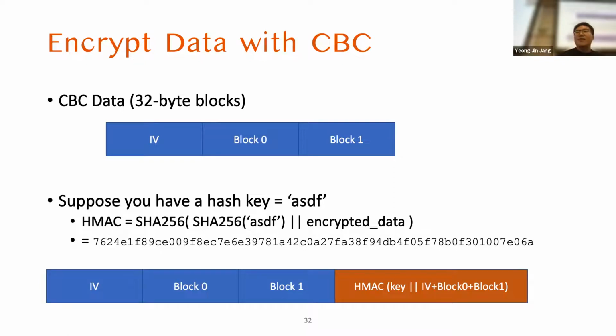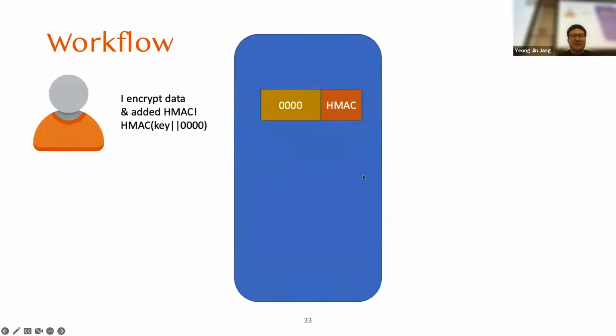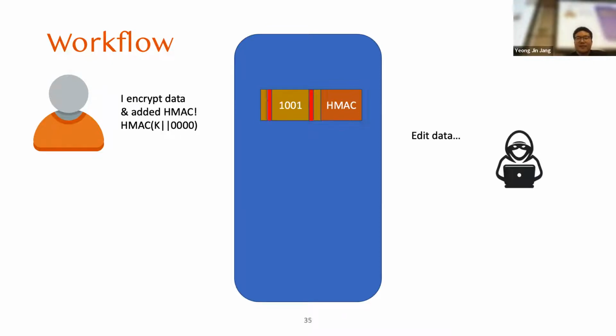Now, how can we use and check with the HMAC? Suppose there is encrypted data and we use the HMAC: the hash of the key attached to this data, and we create the HMAC with that. We put this kind of data pair somewhere. Later an attacker came in and edited the data to something else.